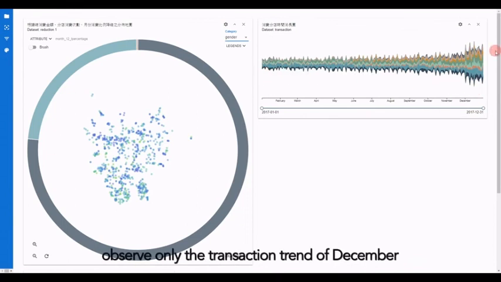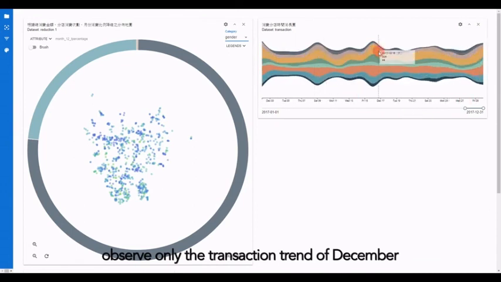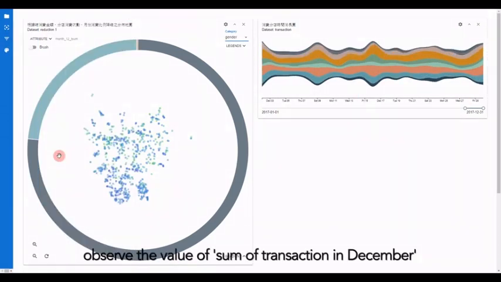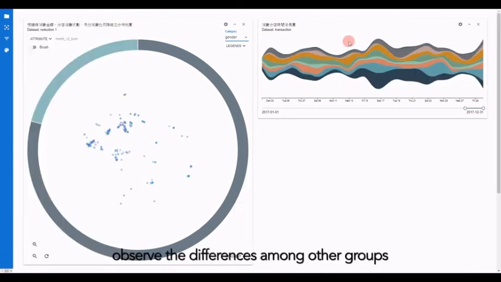Observe only the transaction trend of December. Observe the value of sum of transaction in December. Observe the differences among other groups.